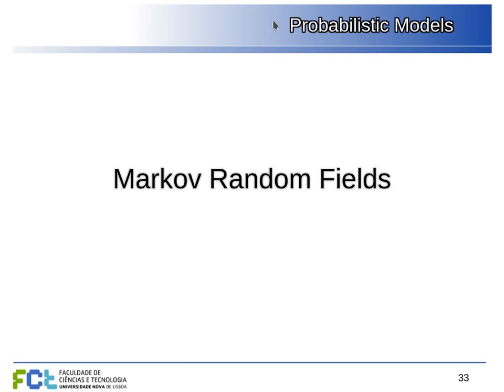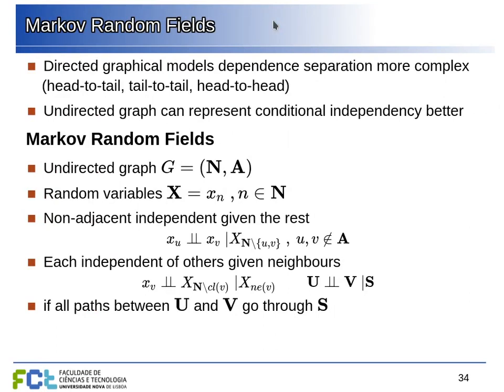A different way of representing these relations between random variables is with Markov random fields, which are undirected graphs. So the difference here is that directed graphical models like Bayesian networks can be used to specify these conditional dependencies between two different variables, but then the separation in independent groups becomes a lot more complex to represent.